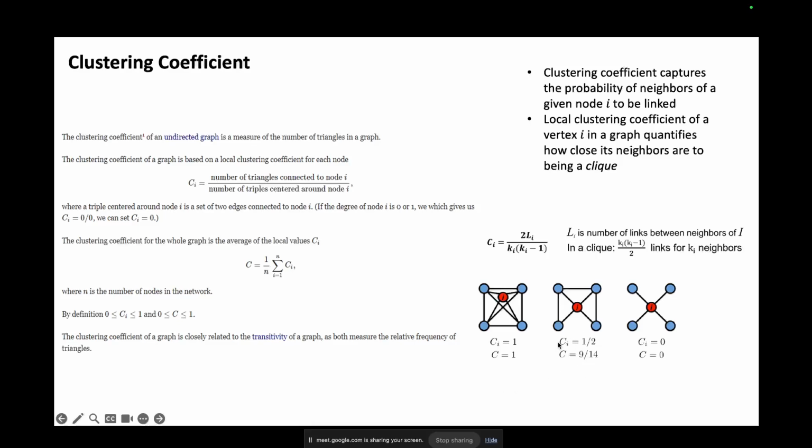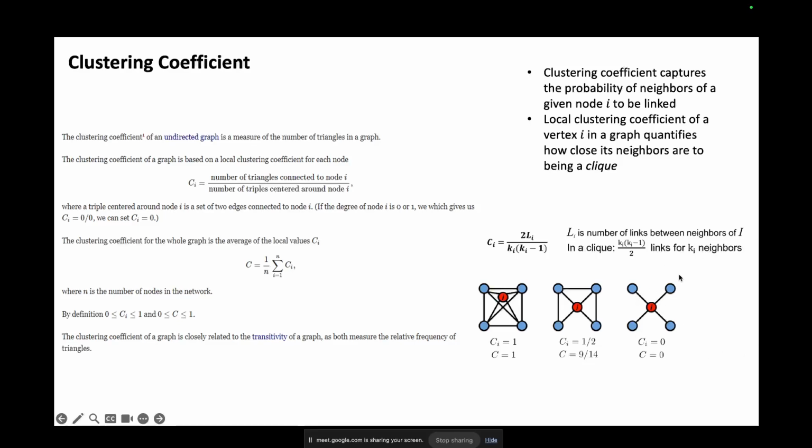If you remove certain connections, the clustering coefficient will fall, and the overall clustering coefficient will fall as well. As I was saying, the clustering coefficient intuitively gives you the density of a graph, or how connected a graph is. If all the possible connections are there, your clustering coefficient will be 1. If certain ones are missing, it will be less than 1, greater than 0 obviously.